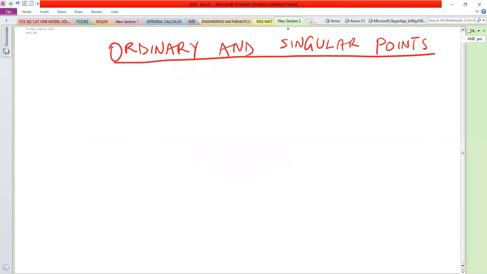So before we define the ordinary and singular points, we need to define what we mean by a function being analytic at a point x naught.